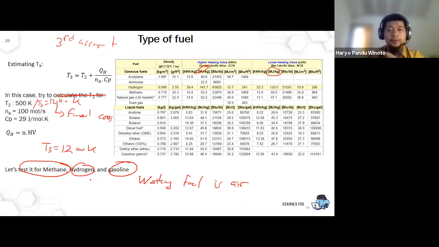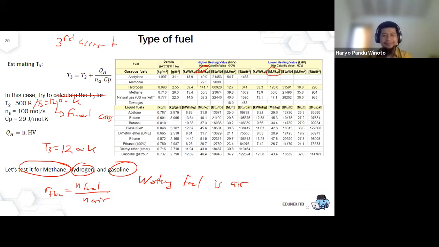And then, to prove your concept, I want you to make a ratio of flow, maybe N fuel over N air. Can you get it?